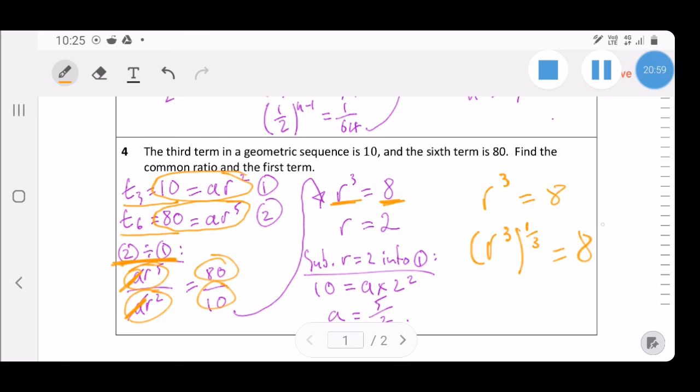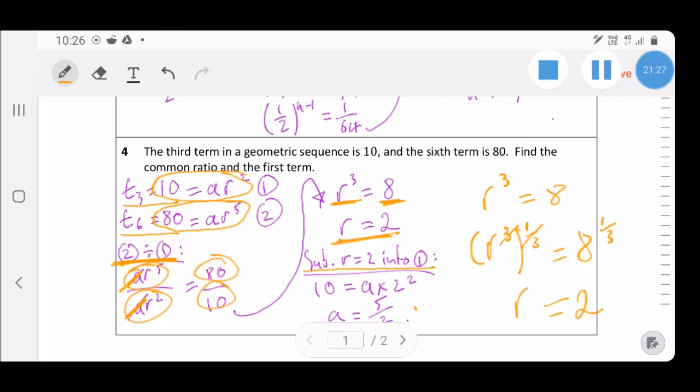So we also apply power of a third to the 8. Now, power of a third is the same as the cube root. So we get R to the power of 1, which is what we want, equals the cube root of 8, which is 2. So R equals 2. Then we simply substitute R equals 2 into either of our equations and solve for A.